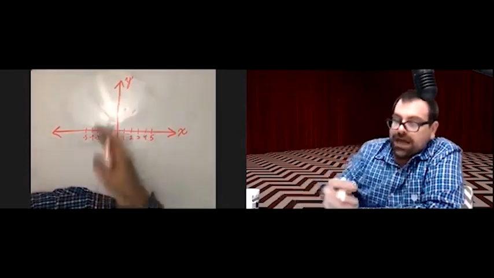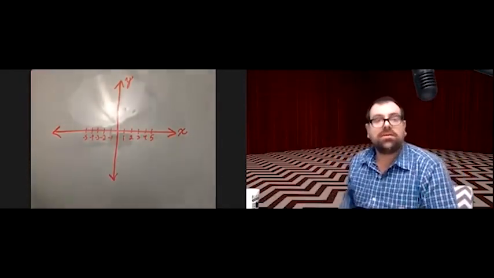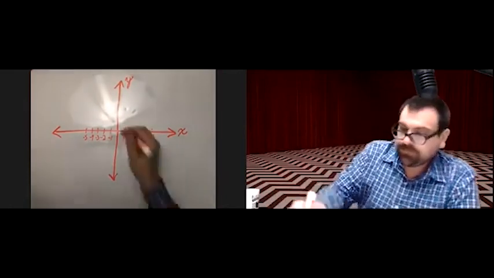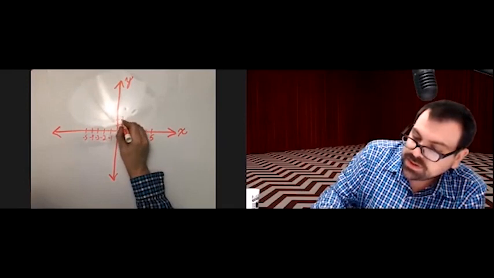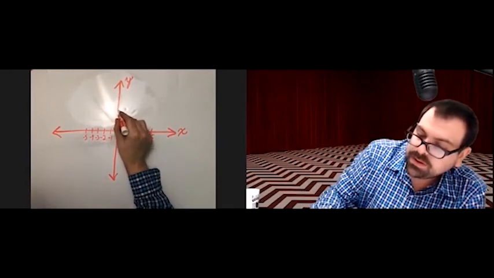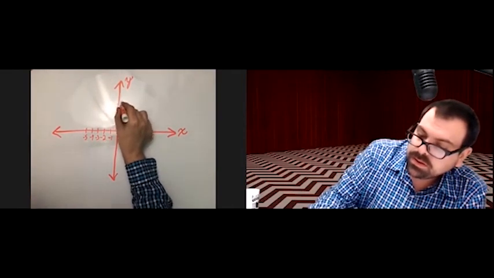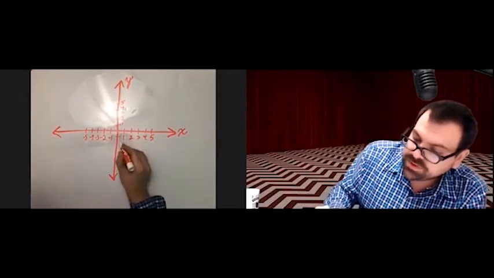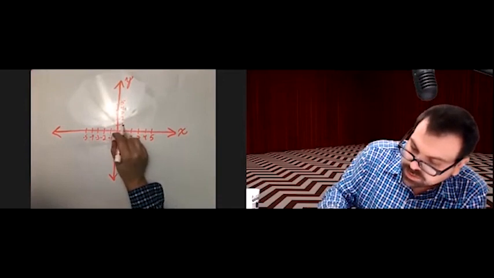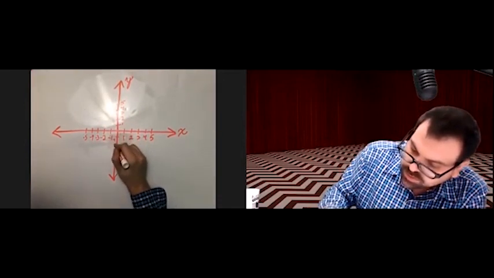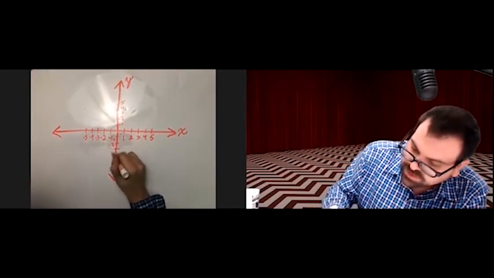The y-axis is a number line straight up and down. 0 in the middle, positive numbers up, negative numbers down.